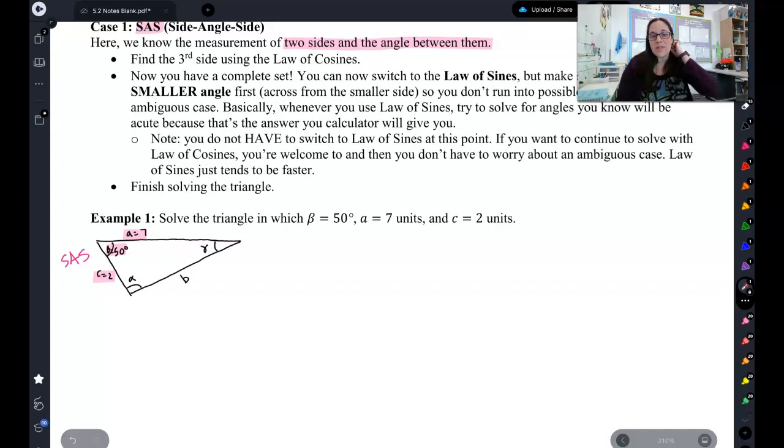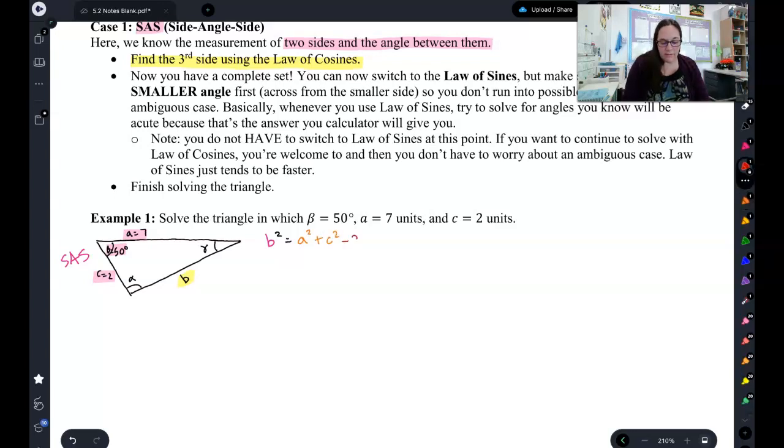So here's the easiest, fastest way to solve it. First, find the third side using the law of cosines. So I'm going to find side B first, using the law of cosines. Now, if I want to solve for side B squared, then follow the pattern. The next one, I have the other 2 sides squared and added.